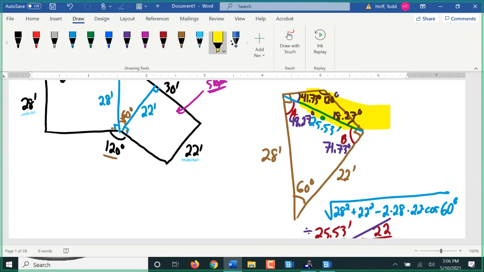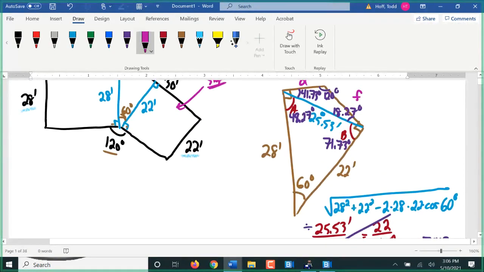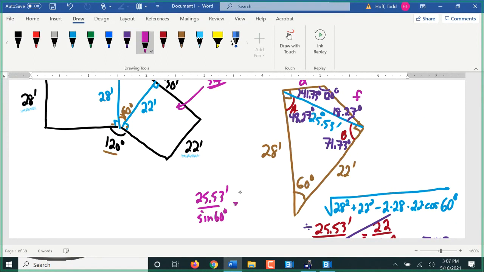We can find sides. Call this side here F. We have 25.53 over the sine of 60 degrees equals D over the sine of 18.27.